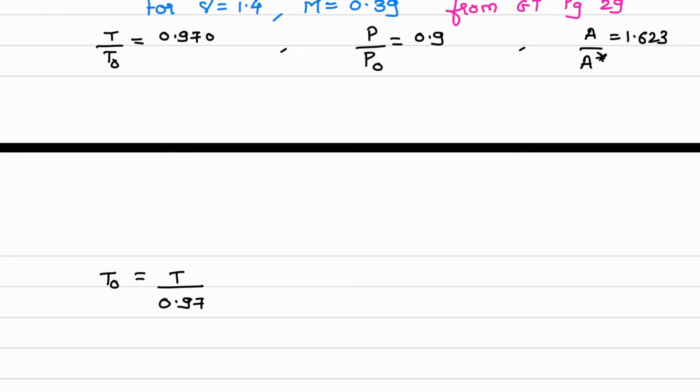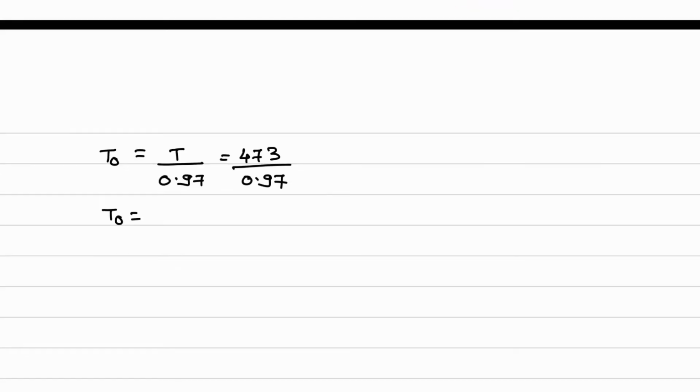The T value is 473 Kelvin divided by 0.97. So here I'll get the stagnation temperature T0 value, which is 487.63 Kelvin.